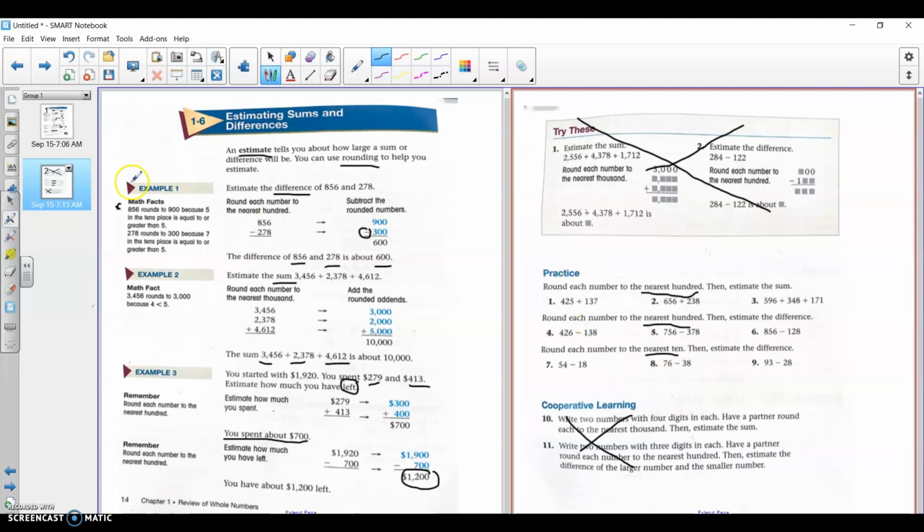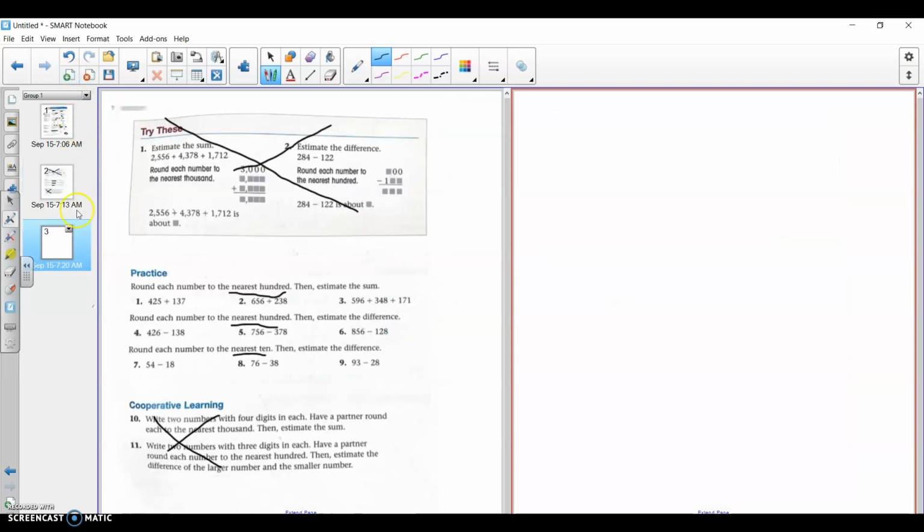So if I had a blank page, which I'm going to use right over here, I would have number 1 on my side paper, and I'm going to have to round to the nearest 100. So 425 is closer to 400. If you're struggling with how I figured that out, remember our rules: the underlying place is hundreds.